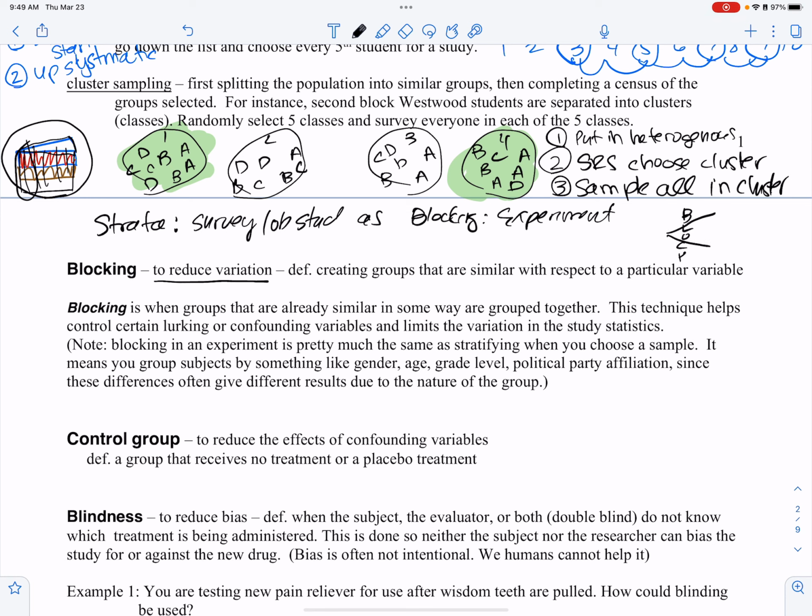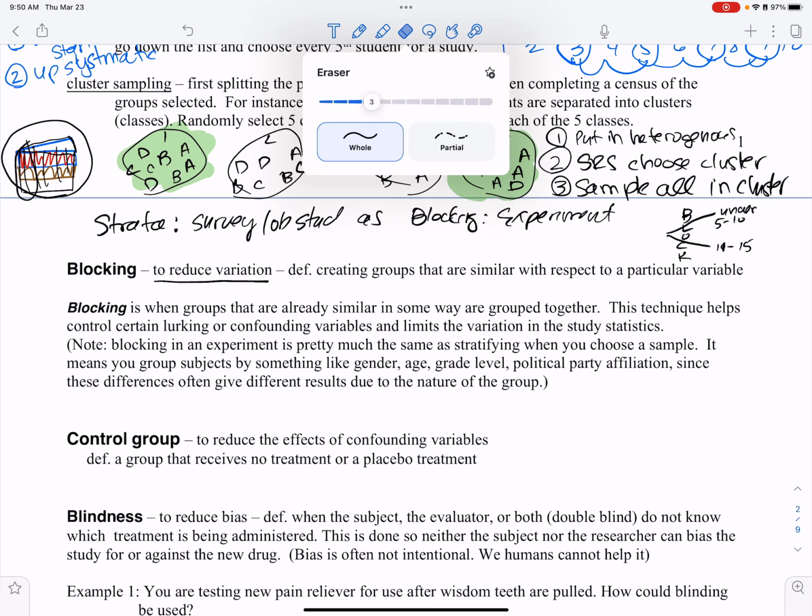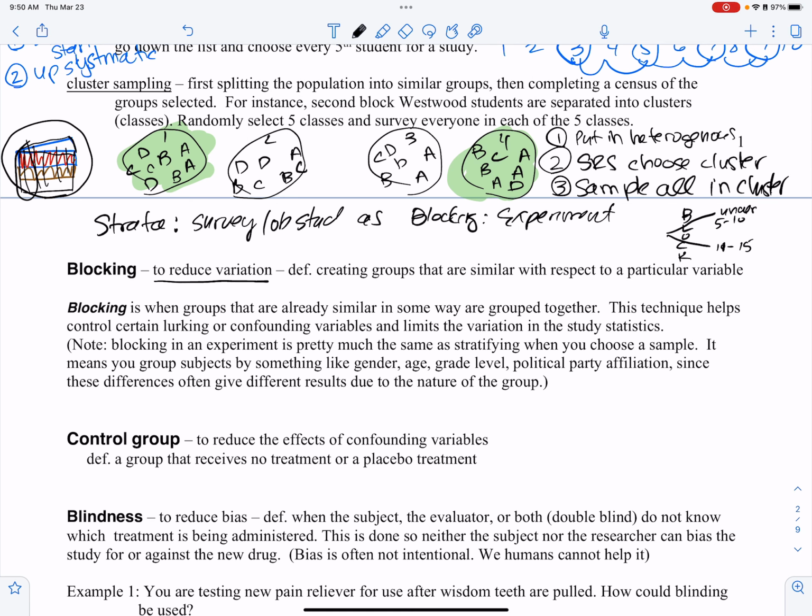Let's say that we decided to do it by age, and I have under age 10 here, and then maybe between 10, 11, and let's say 15. And those are the 2 different groups that I, or let's do 5 to 10. And let's say that I was studying, not under 10, but I was studying how they responded to different commercials.